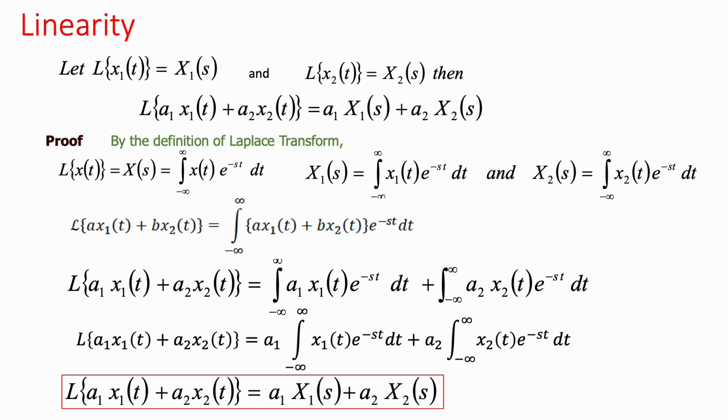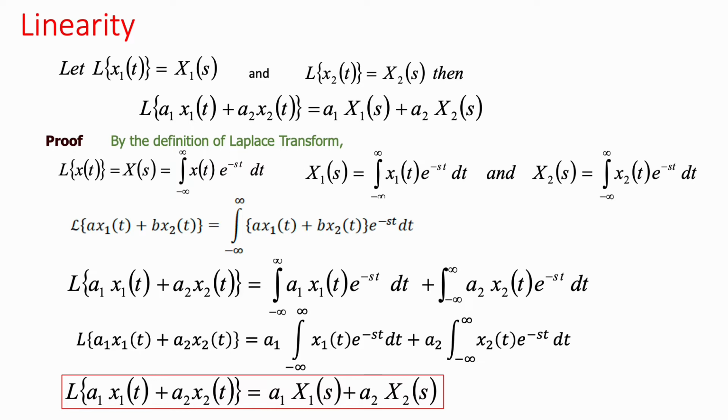Then Laplace transform of a1 x1 of t plus a2 x2 of t is equal to a1 x1 of s plus a2 x2 of s. So this is the statement of the linearity property. Already we know that linearity is nothing but the superposition principle. So that is given here. Now we can see the proof.